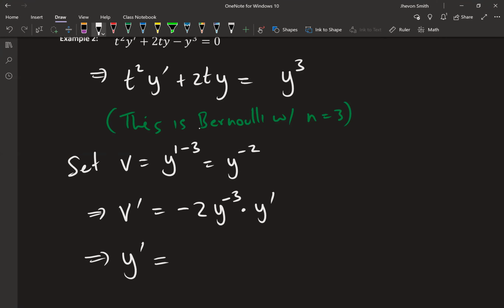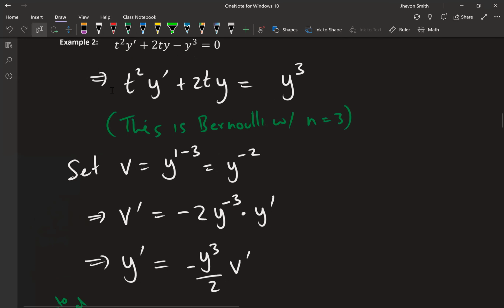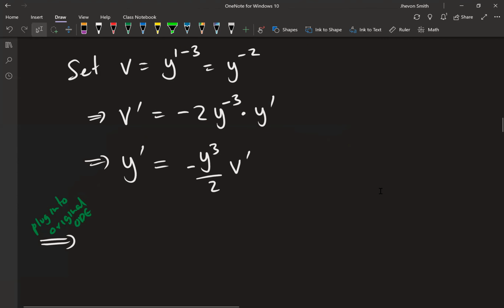So in this case, my y prime is going to be y cubed over minus 2 times v prime. And now what we are going to do is plug into the original ODE. So my y prime, I'm going to replace with this guy.